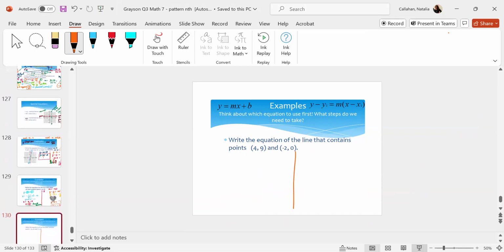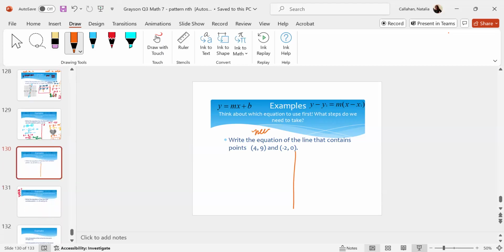Well, with the equation, okay, what do you need for an equation? We're going to go ahead and find the slope first, okay? So first thing to do, find slope. So m equals, and you could do that yourself.